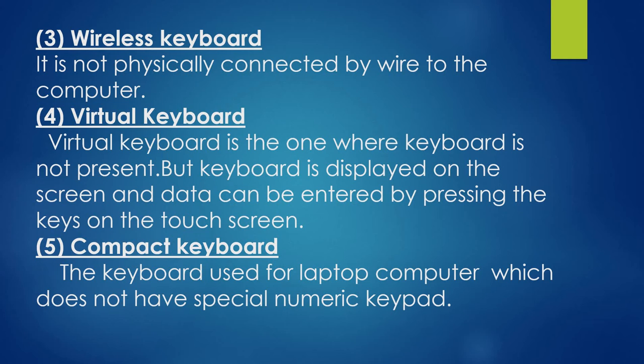Fourth one, virtual keyboard. Virtual keyboard means actually that keyboard is not there, but the screen acts as a keyboard. We can enter the data to the computer through this virtual keyboard or through that screen. Compact keyboard means the laptop keyboard. In that laptop keyboard, the special numeric keypad is not there.